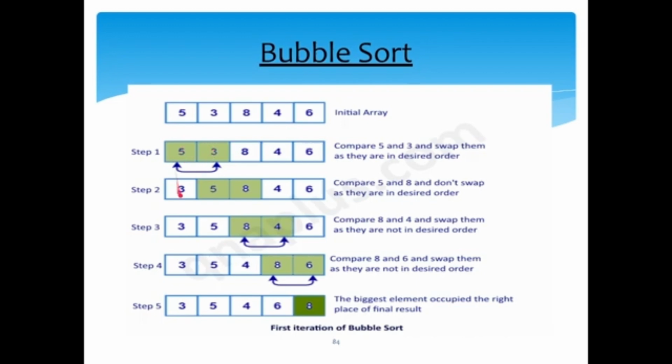So you just swap it. 3 comes here. Compare next. Compare next. In that way, you are placing the highest element at the end. Okay, the biggest element is occupied at the right place of the final result. That clearly says that the elements are placed in a sorted order.